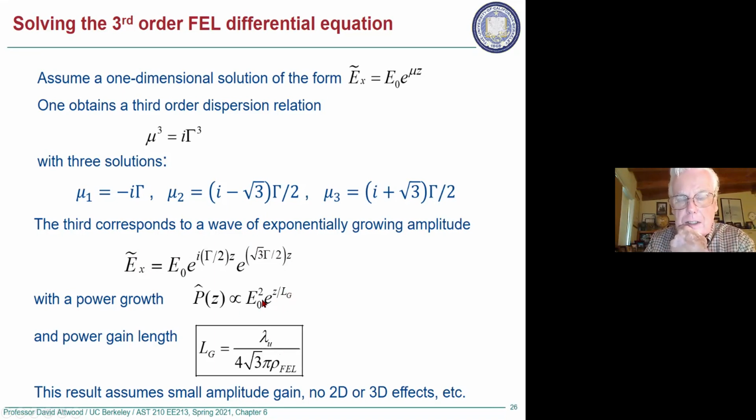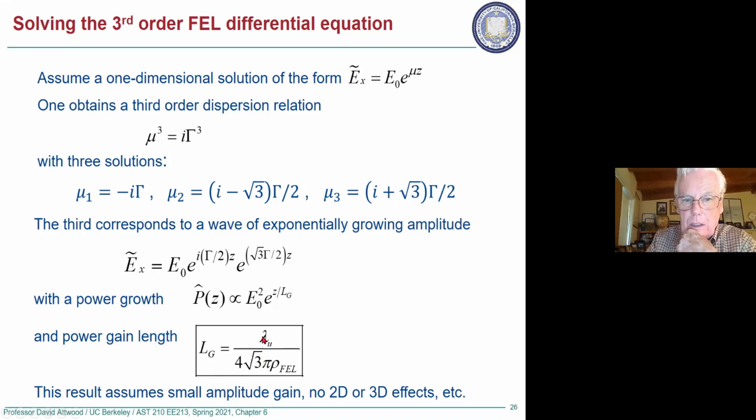So that says that the power is increasing as an exponential of distance z over gain length. So it's a 1/e folding for every bit of distance like this.